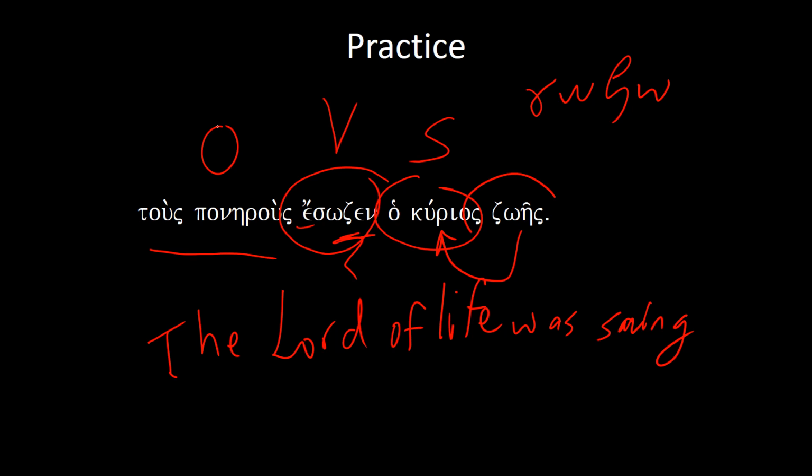We have substantival, it doesn't modify a noun, it acts like a noun. That's what we have here. The adjective blank. The evil blank. What is it? Evil what? Well, it's masculine and it's plural, so it's the evil men. The Lord of life was saving the evil men.